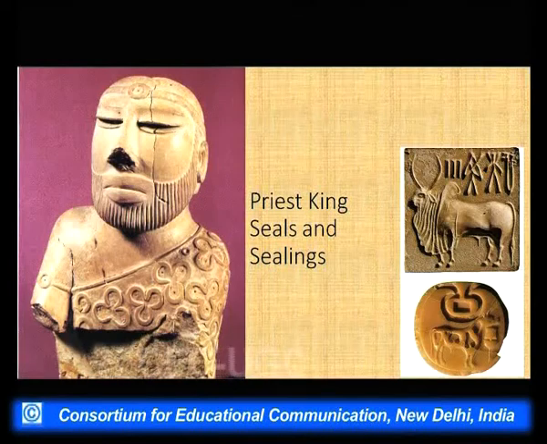He's wearing a kind of a uttariya or a cloak over one shoulder, which has a trefoil design, right? And also an arm band, which may or may not be an amulet.